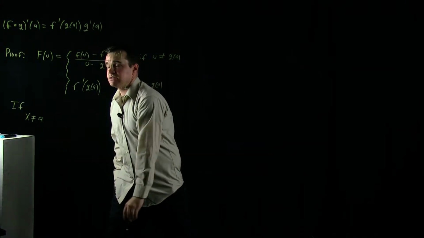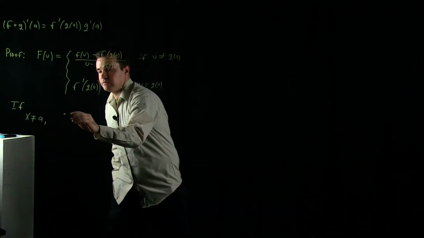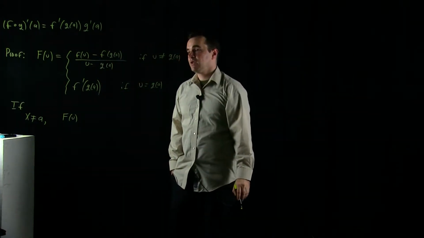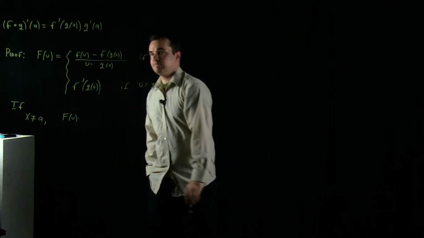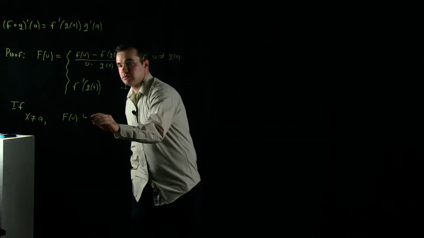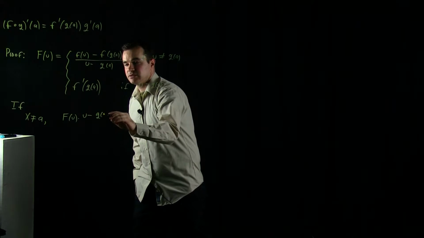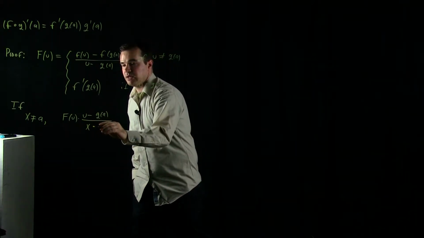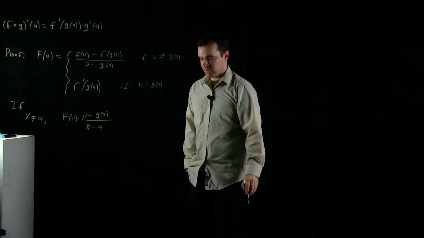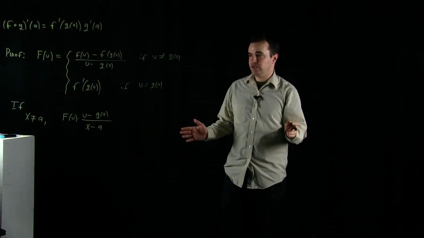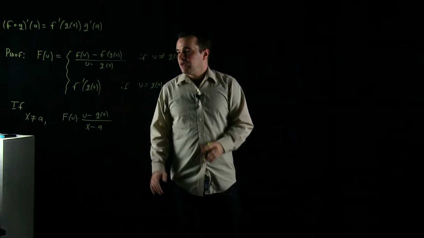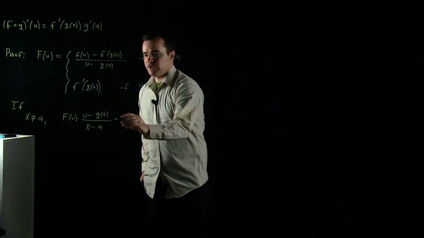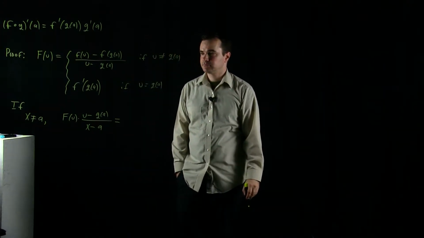So for any number x not equal to a, I'm going to take my function F of u, and I'm going to multiply it by u minus g of a divided by x minus a. That's why I had to say that x can't be equal to a, because I don't want to be in a situation where I'm dividing by 0. And I'm going to ask myself, what's this equal to?